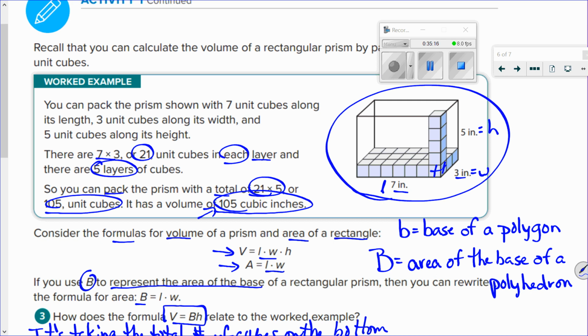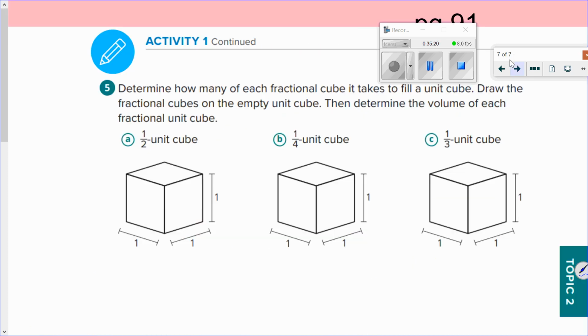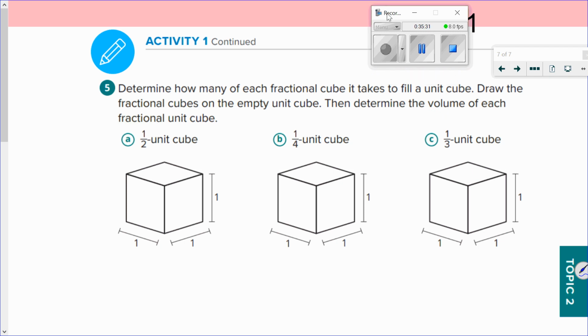Because now we're really going to stretch your minds a little bit. Turn the page. Go to page 91. So if you'll mark your text with me, you'll see we have a lot that has to be done on this. So we need to determine how many of each fractional cube it takes to fill a unit cube.